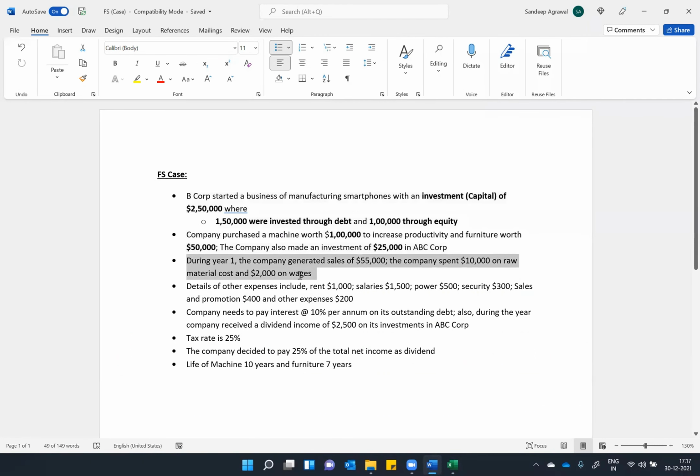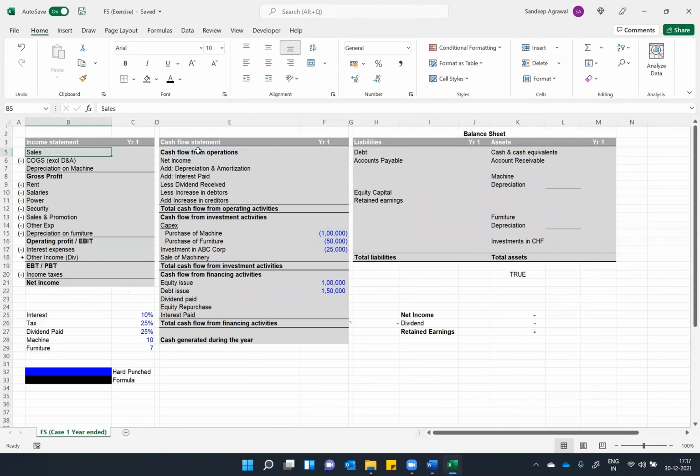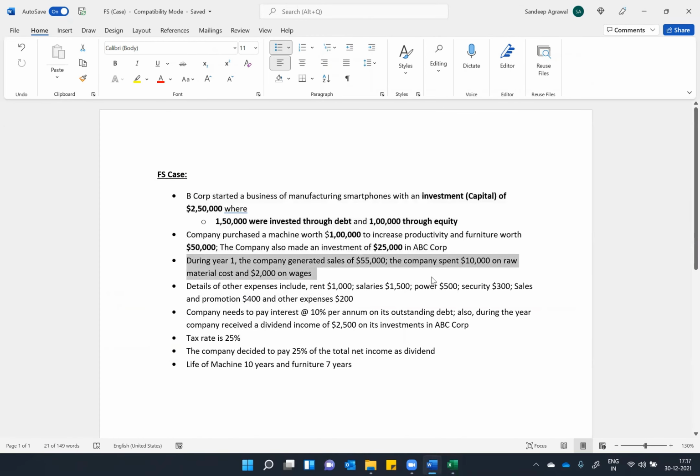The third one is: during the year the company generated sales of 55,000, right? So under sales, I will say 55,000. The company spent 10,000 on raw material and 2,000 on wages.